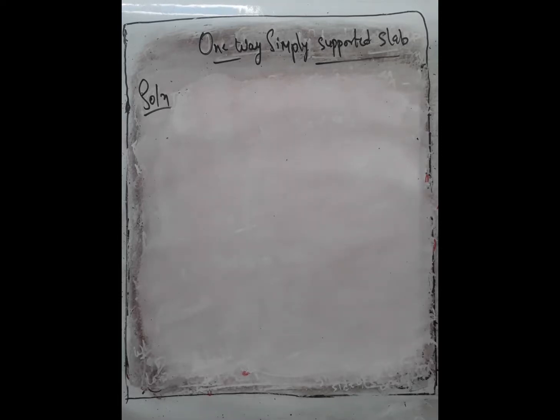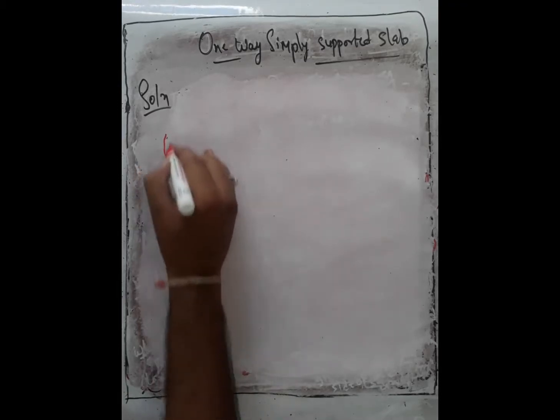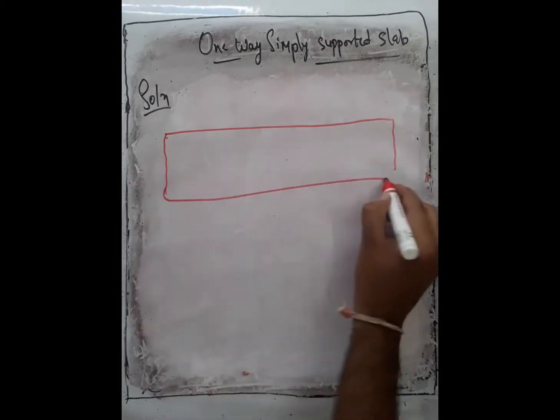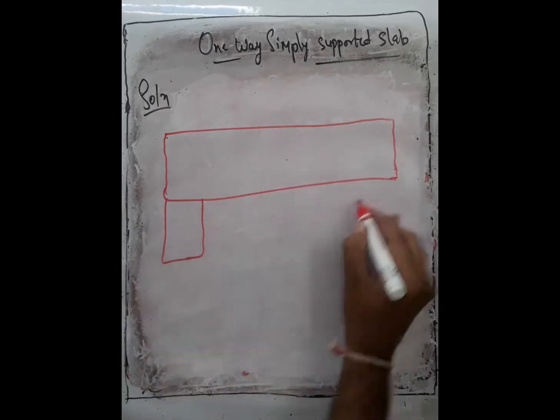If we are given check for shear and check for development length, then we have to do those checks also. Now, designing the slab, in this way you have to draw the detailing diagram of this structure.